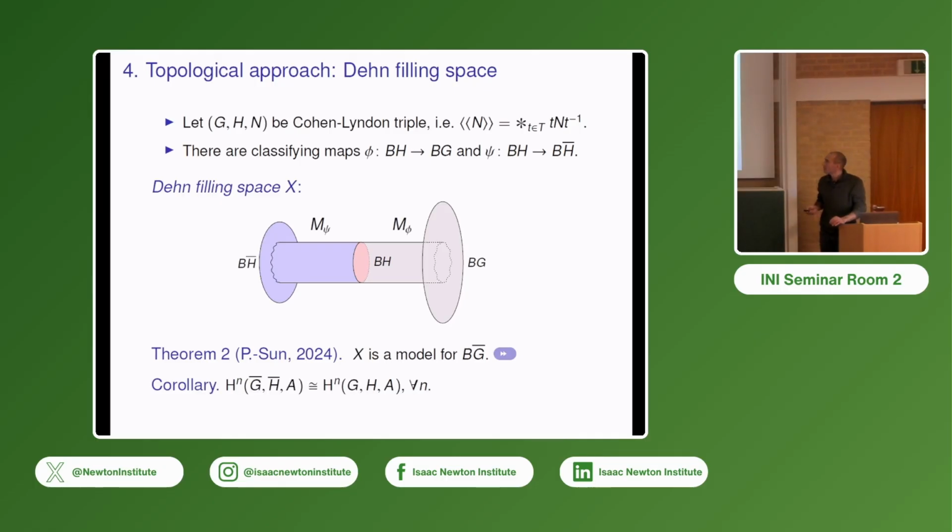Now, this algebraic excision you can see is just a consequence of usual excision, because I can excise this part here. So this is like the solid torus in the three-manifold setting. I can take it out and I get a manifold with boundary.